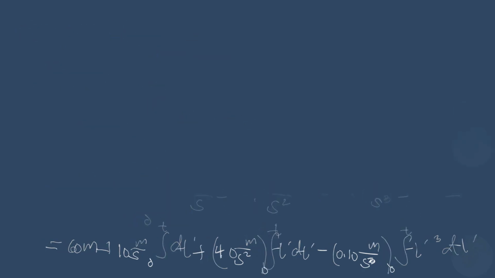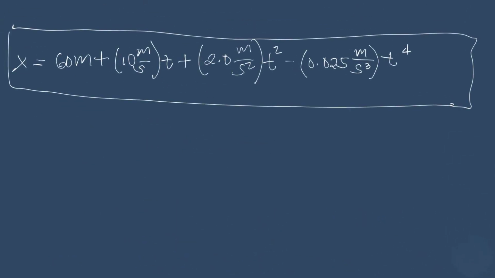When we evaluate the integral found in the second term, third term, and fourth term, we get 60 meters plus 10 meters per second times time plus 2 meters per second squared times t squared minus 0.025 meters per second cubed times t fourth. This is the expression of Tanjiro's position while attacking the upper rank 4.